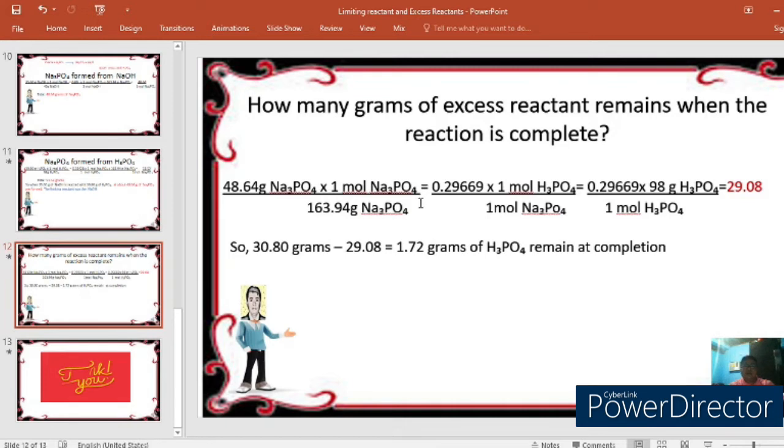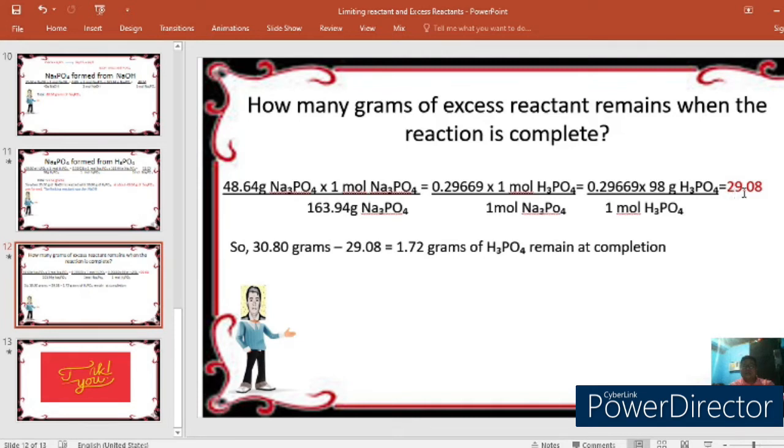which is equal to 0.29669. Then multiply this by 1 mole of phosphoric acid divided by 1 mole of sodium phosphate, times 98 grams of phosphoric acid to give us 29.08.